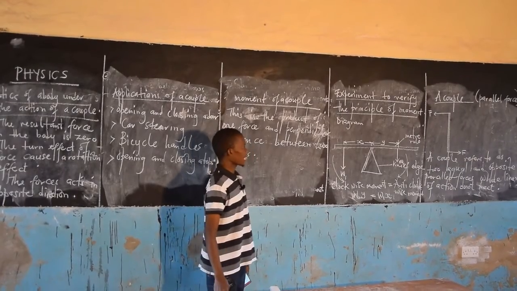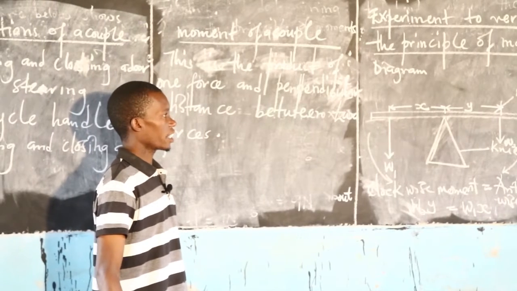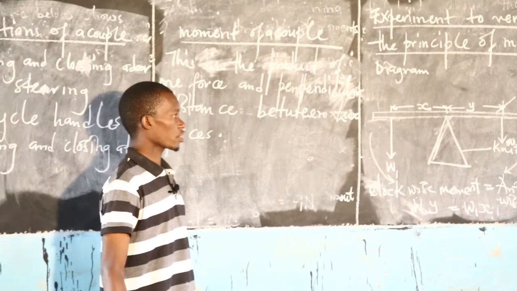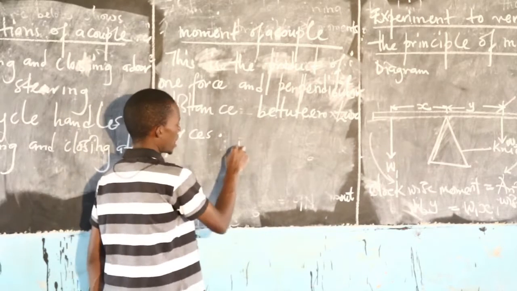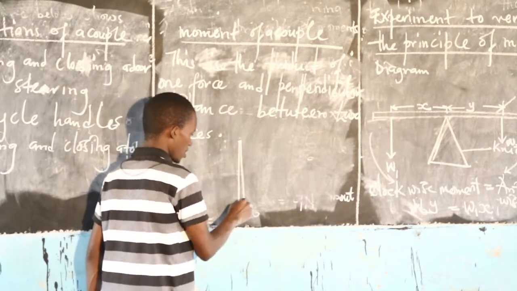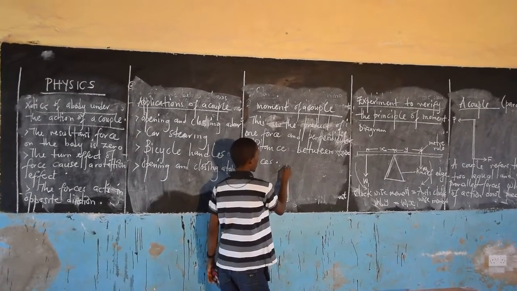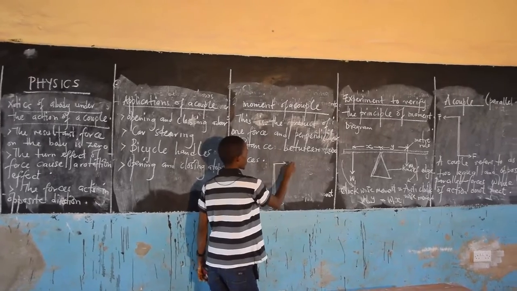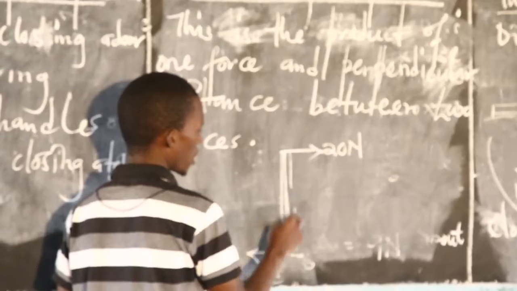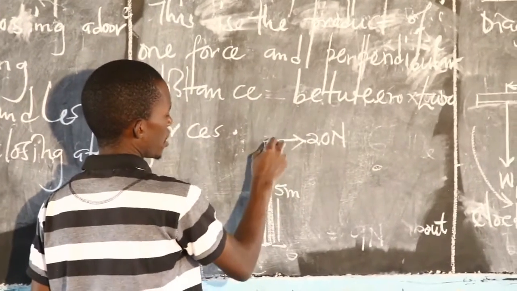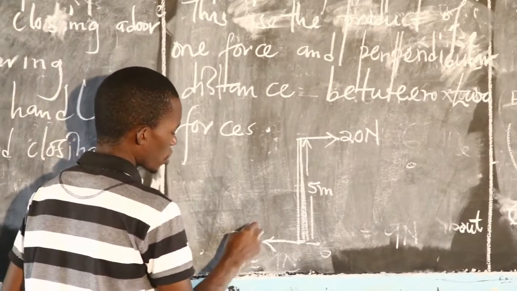So, even if they give you a question where we have the two forces on the edge, we have 20 newtons, and the distance from here to here is 5 meters, it does not mean you are going to use the two forces.